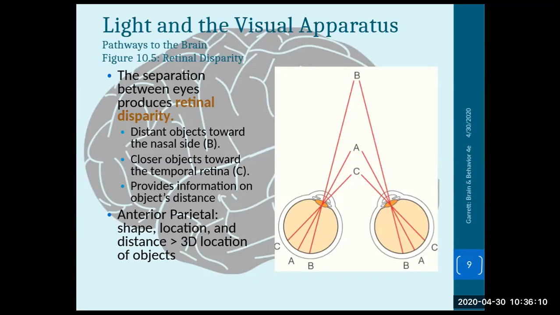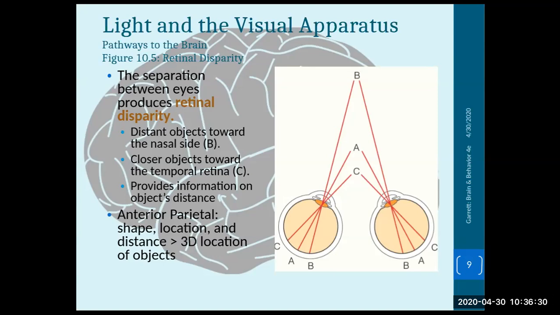So things that are more distant, as you can see, farther away in B, are more on the nasal side, towards the nose, towards the inside of the eye or the retina. Closer objects that are really right in front of you tend to be out more on the lateral side or the temporal lobe side of the retina, towards the outside of the eye.